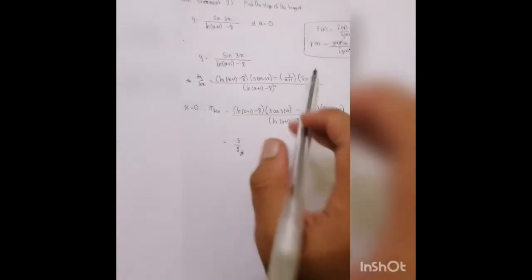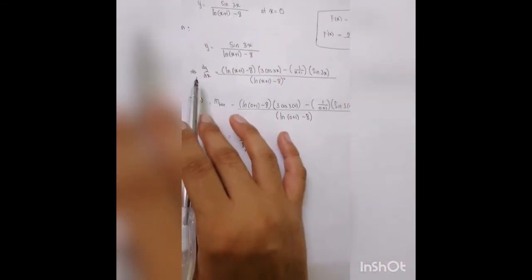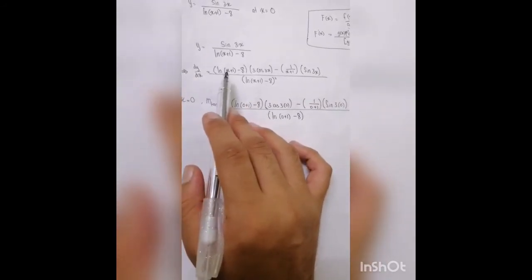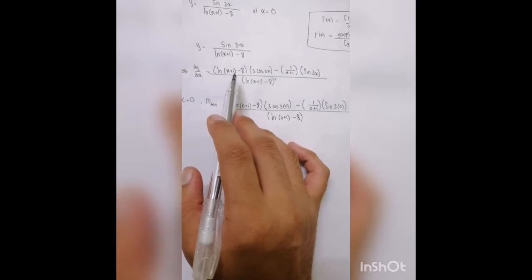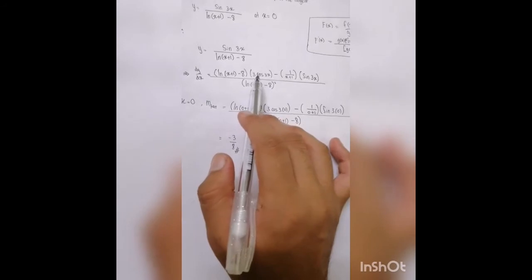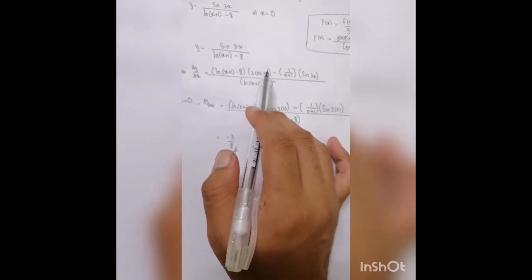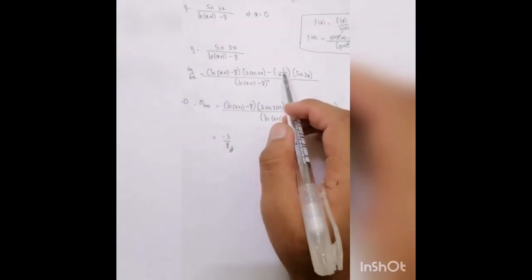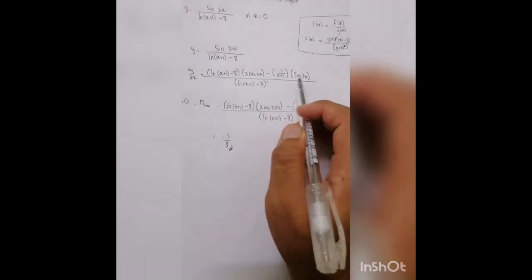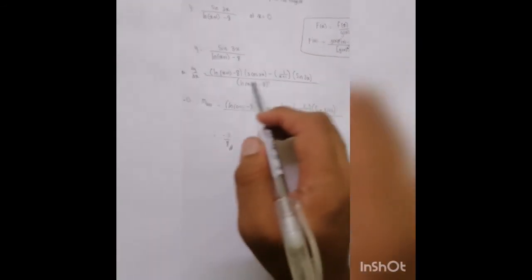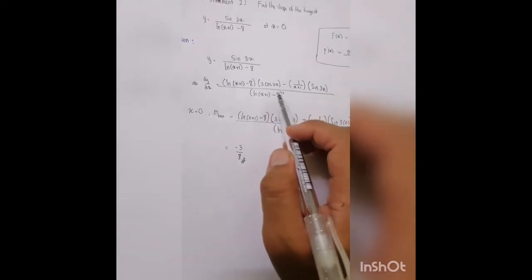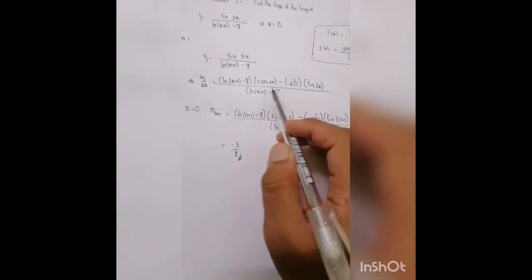So from here, we get dy/dx equals (ln(x plus 1) minus 8) times 3 cos 3x, minus 1/(x plus 1) times sin 3x, over (ln(x plus 1) minus 8) squared, the power of 2.